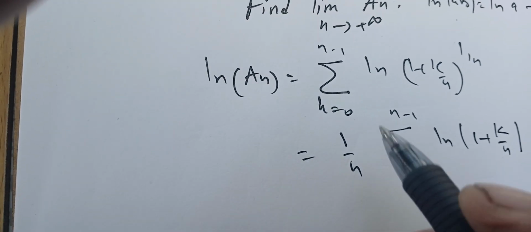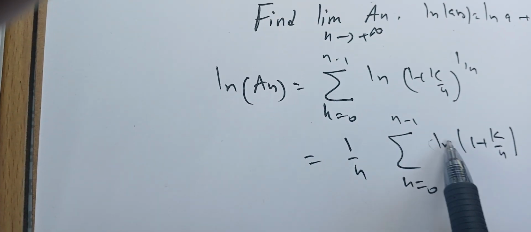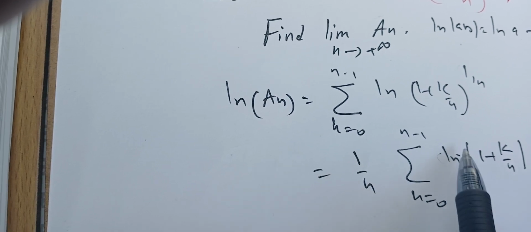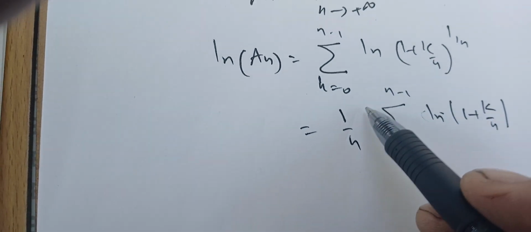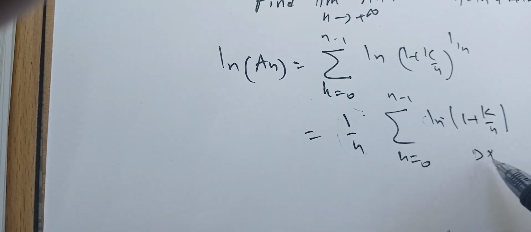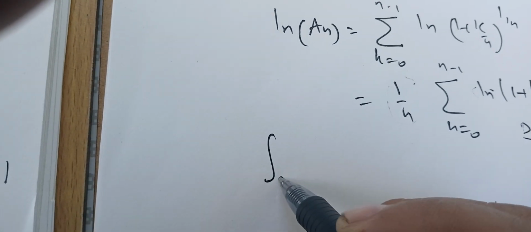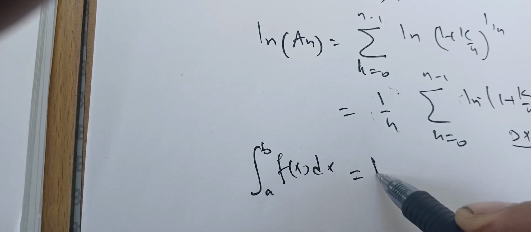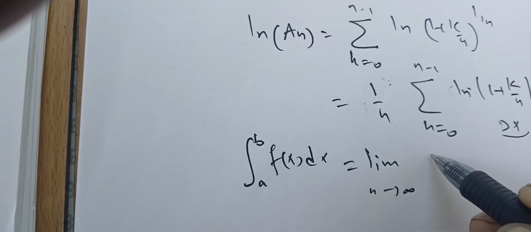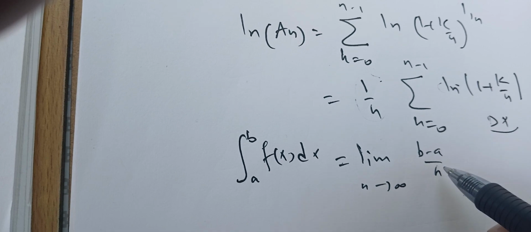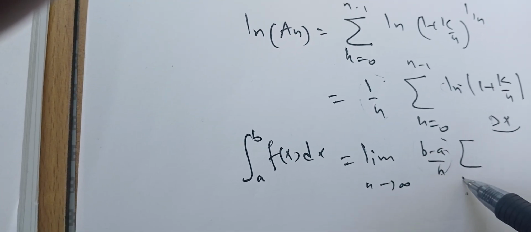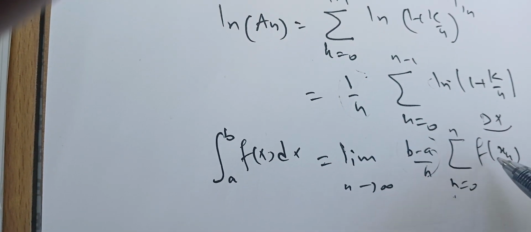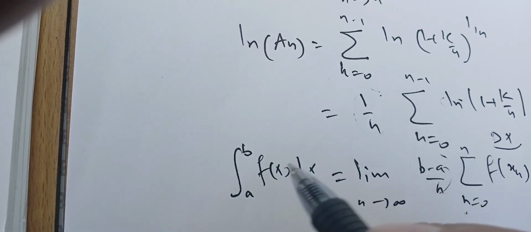Now we see that the natural log is continuous. If we think of this as a Riemann sum, and think of 1/n as delta x, because we know that the integral of f(x) dx between a and b is the limit of the sum of (b - a)/n, that's our delta x, times the sum of k from 0 to n - 1 of f(x_k), with the x_k's carefully chosen, the simple ones.